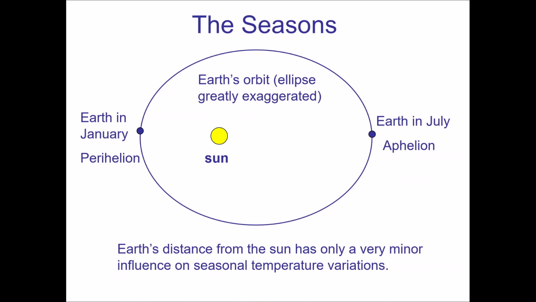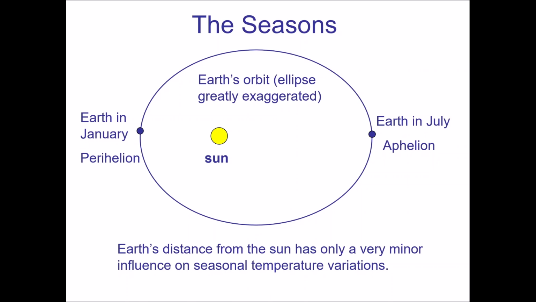So this seems backwards. If you are expecting us to be closer to the sun in summer, this does not appear to be true. It's the opposite, actually. Obviously being closer or farther from the sun would play a role in things being hotter or cooler, but it's actually a pretty minor effect.